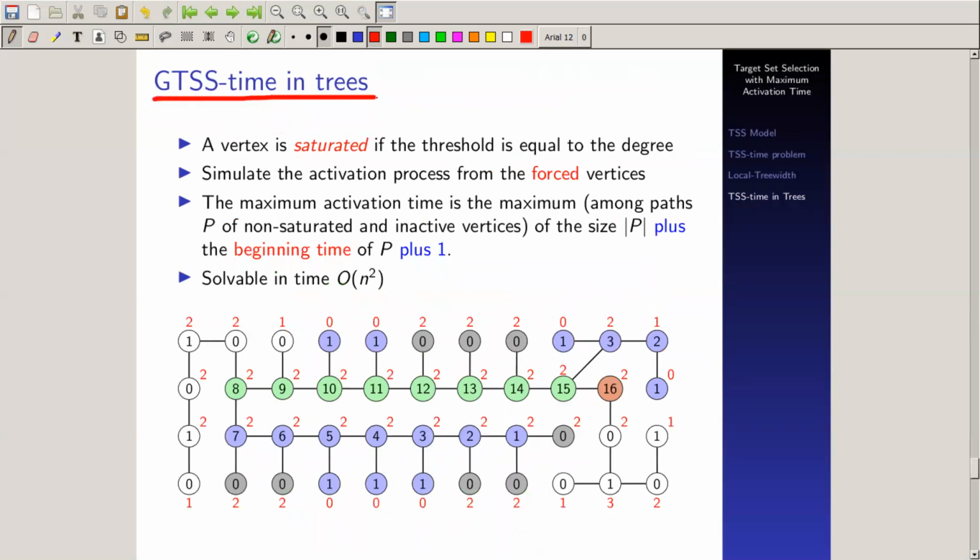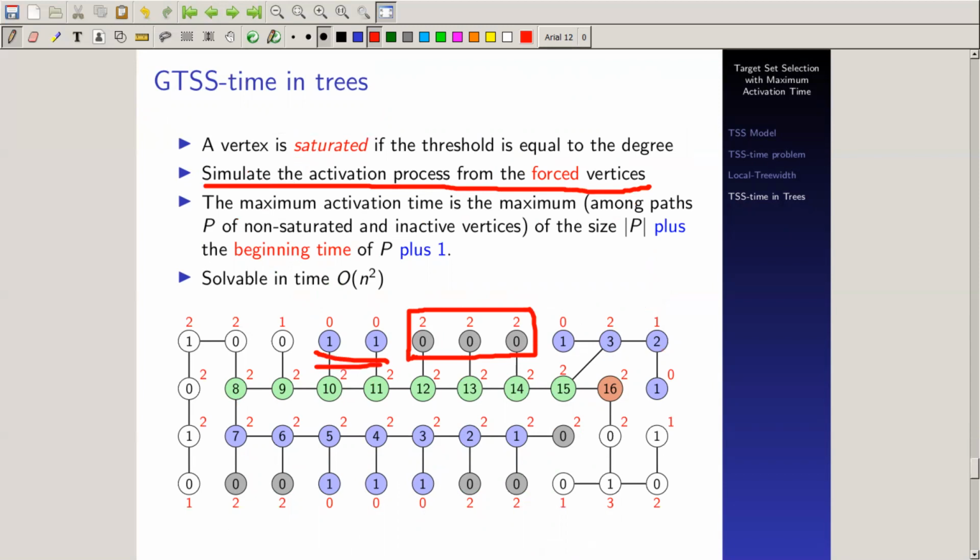Okay, and GTSS time in trees. Now we have the generalized version. We allow vertices with threshold 0 and vertices with threshold greater than the degree. We first simulate the activation process from the forced vertices, the vertices which must belong to any target set, and including the vertices with threshold 0.